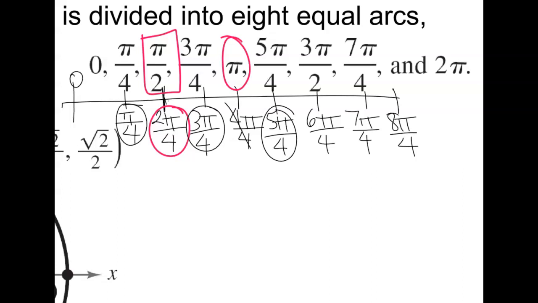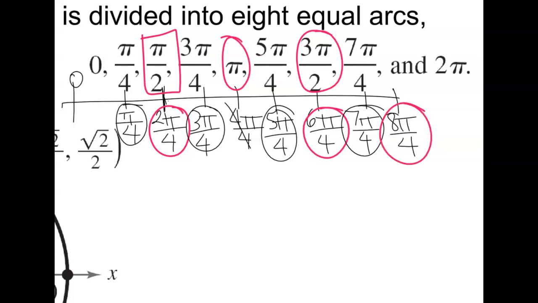And then we have 6 pi over 4, so that one could be simplified by dividing 6 and 4 by 2, so we get 3 pi over 2. Then we move on to 7 pi over 4, already in reduced form. And then finally we have 8 pi over 4, which could actually be simplified because 8 divided by 4 is equal to 2 pi.